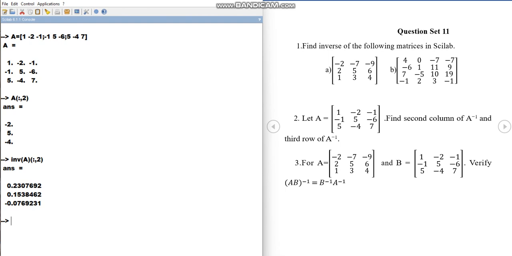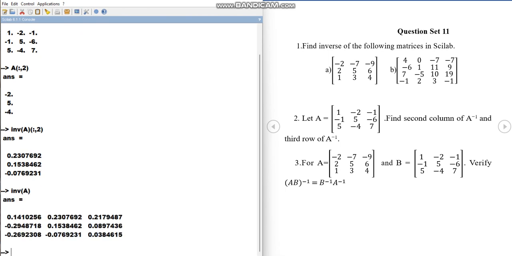So we don't know the inverse of the matrix A, but we know the second column of the inverse. Here you can also verify the inverse of A is this. So the second column is the same as we got.